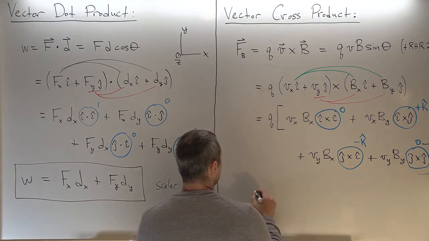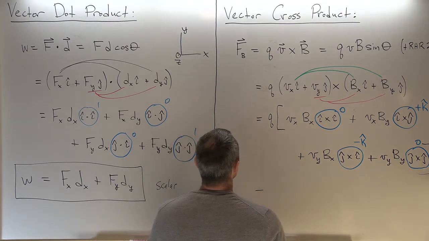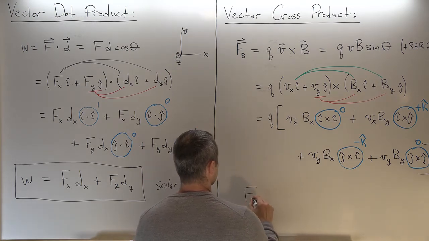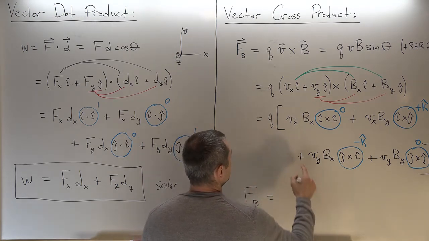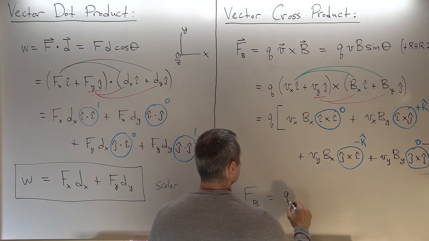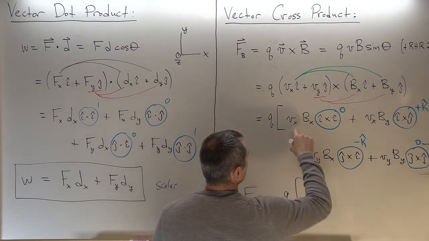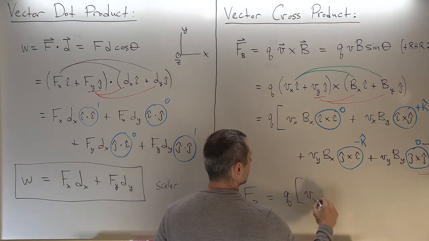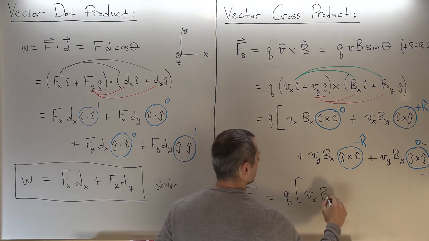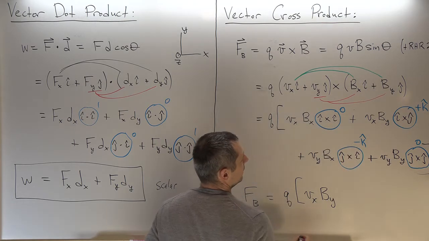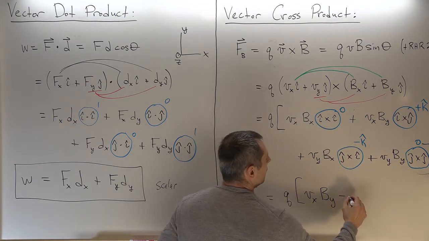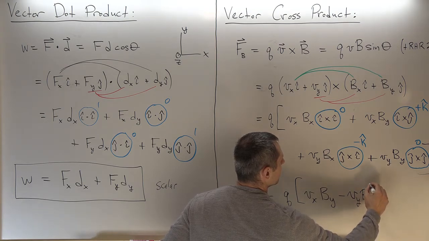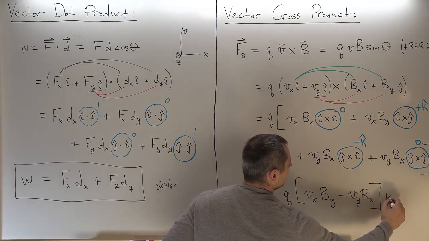And so I do, F_B will be the q term in the front, v_x B_y, and since this is a negative k hat, I'm going to do minus v_y B_x k hat.